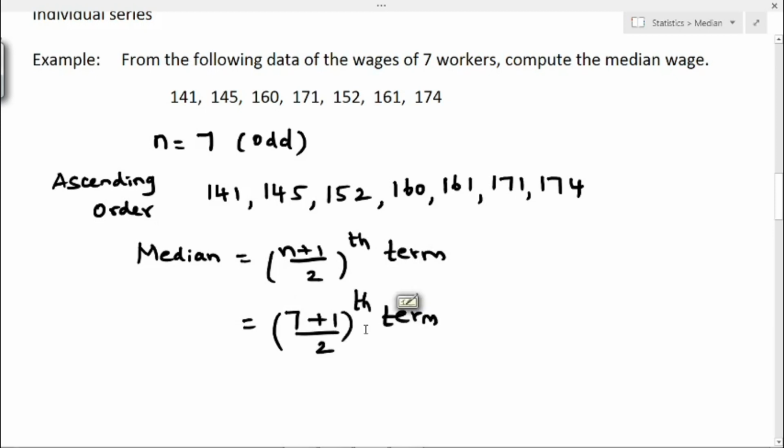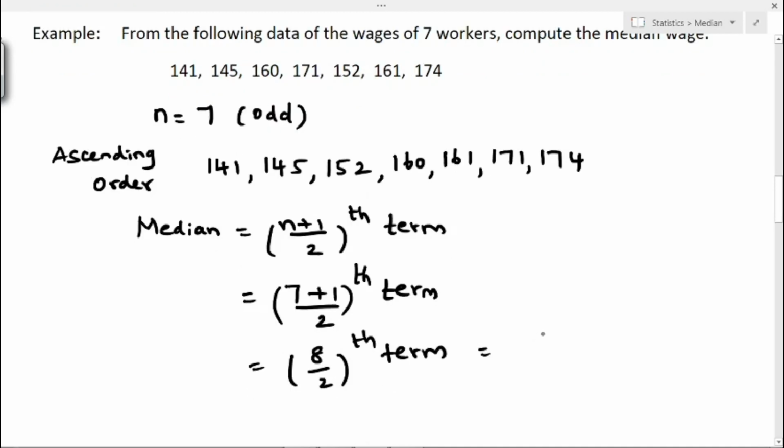So (7 plus 1) by 2, that is nothing but 8 by 2, which is the fourth term. In the ascending order, the fourth term is 160, right? 1, 2, 3 and 4. So this is the fourth term. So the median value is 160.